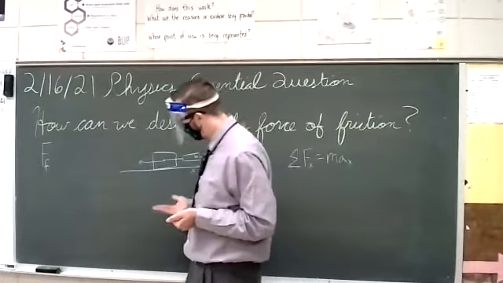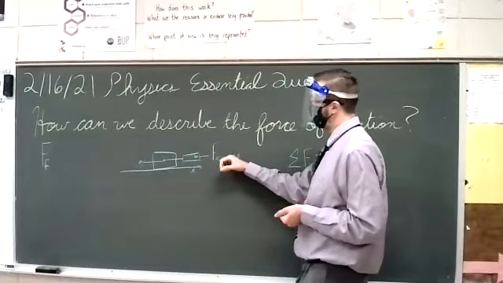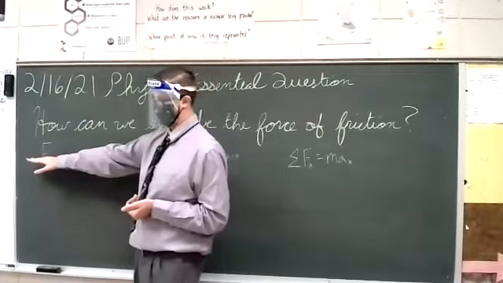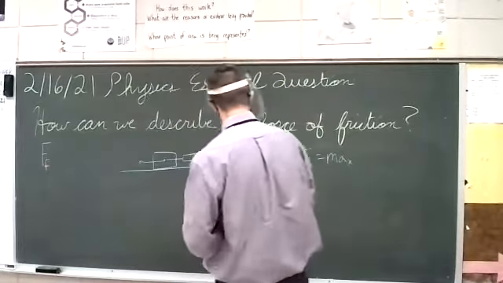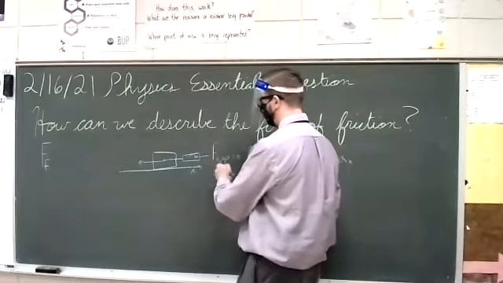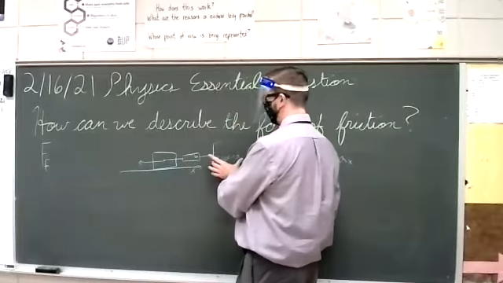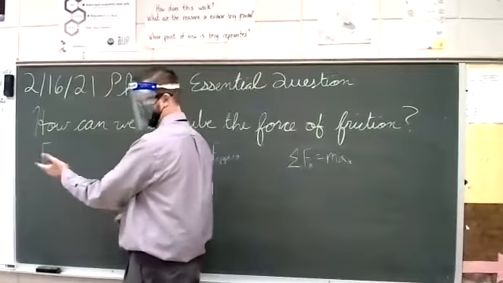And so by measuring my push or my pull, my applied force, I'm really measuring the friction. So the data table that we're going to collect, we're going to measure some forces. We're going to measure the applied force with our Newton meter, our spring scale. By measuring this, we're really measuring the friction.